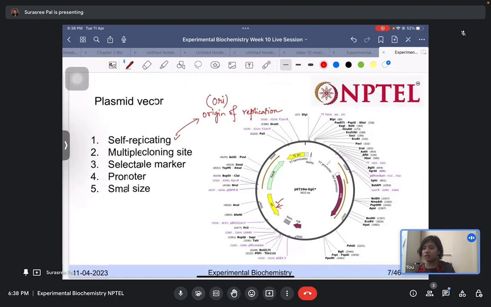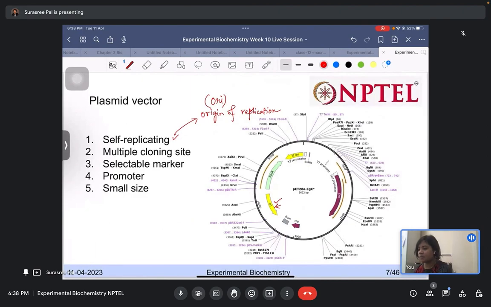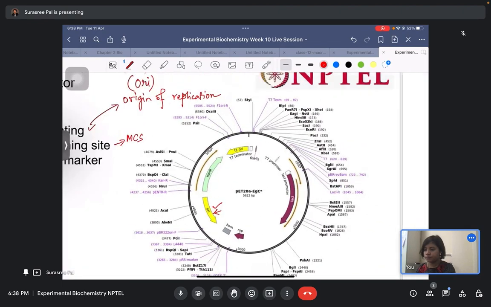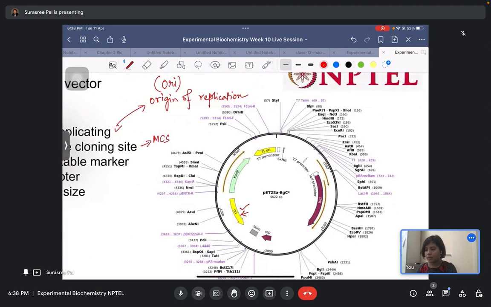Now the next important feature of plasmid vector is the multiple cloning site, also known as the MCS. Why is it called multiple cloning site? Because this site contains unique restriction sequences. This site is generated such that it contains unique restriction sequences which cannot be found elsewhere in the plasmid.